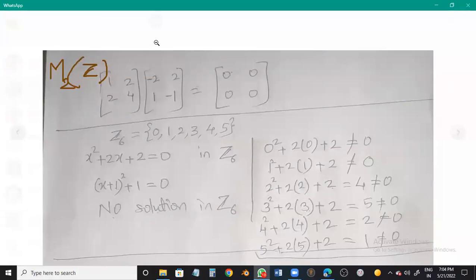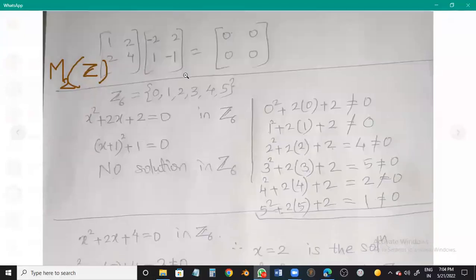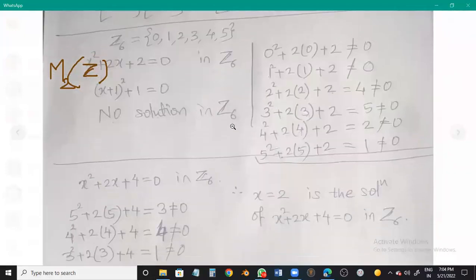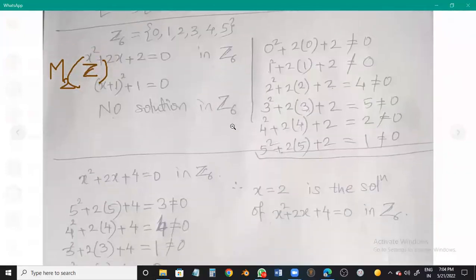All right. Now one more question was asked yesterday. In Z6, you were asked to solve the equation x square plus 2x plus 2 equal to 0. So you can see I tried all the elements of Z6, and we found this is not 0 anywhere.